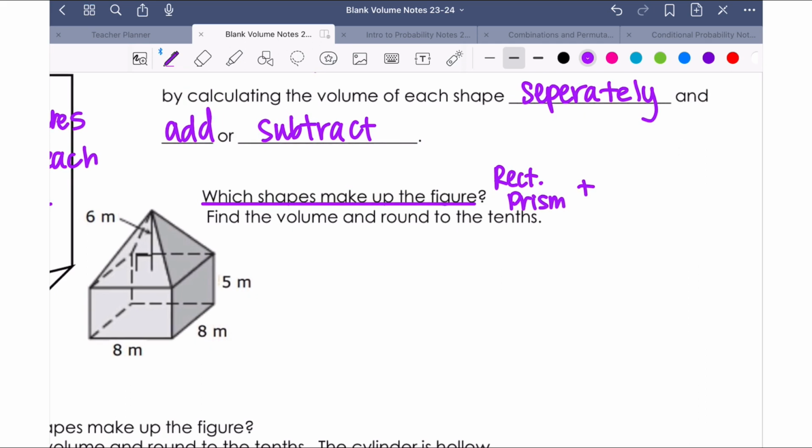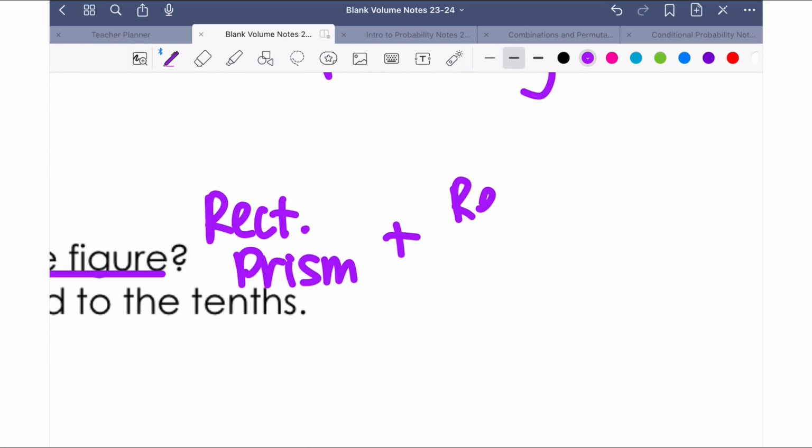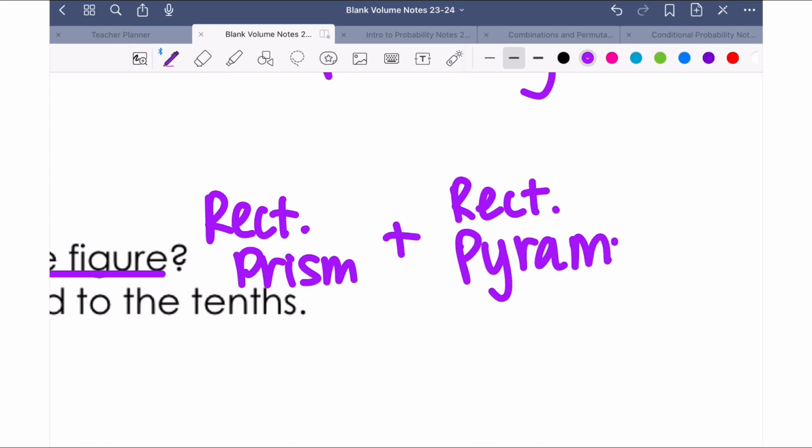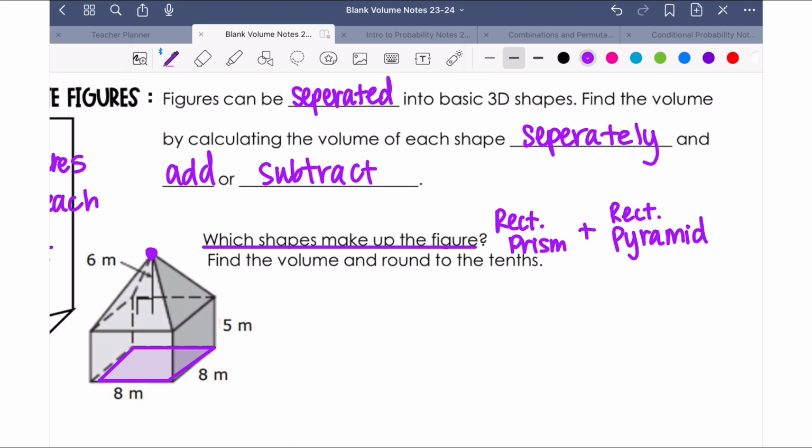Because the prism is down here. What's the shape on top? It's a rectangular pyramid. Okay, remember pyramids only have one base. And so the top is pointy with the vertex, a vertice. So it's a pyramid. It's a prism and a pyramid.